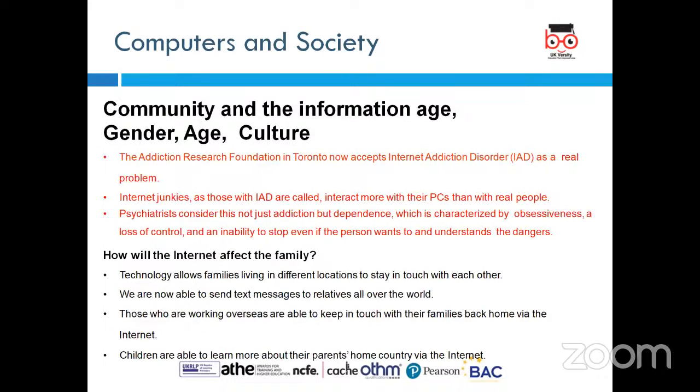So let's look into how this has impacted families, where technology allows families living in different locations to stay in touch with each other. As you can see, this is an example of how technology has progressed over the years, especially after the COVID pandemic, where most things are now moving online.